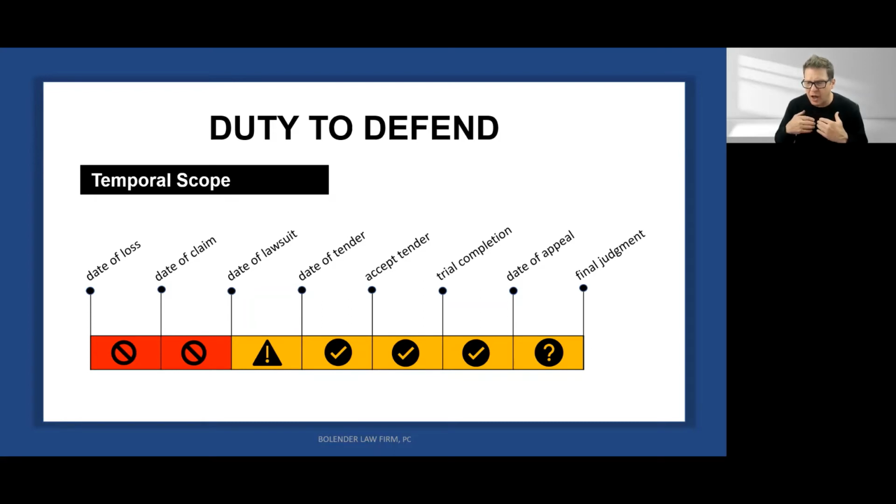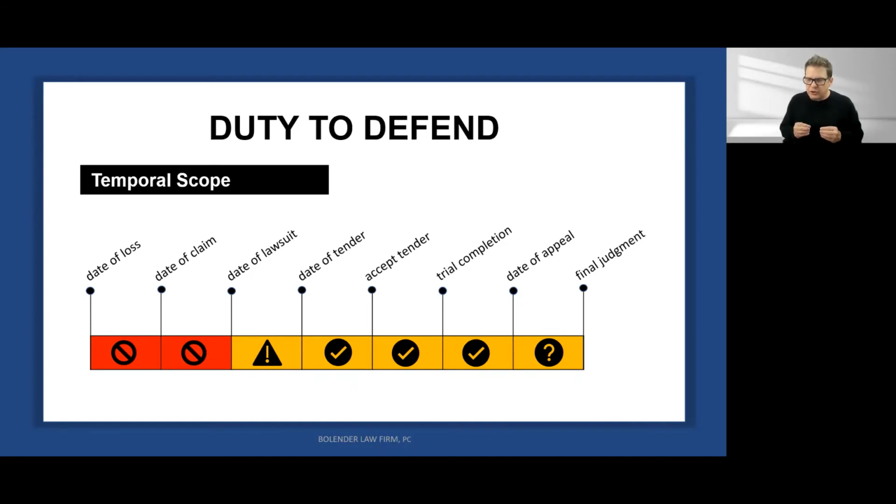Now, insurers cannot lawfully deny a defense and justify their failure to do so by later discovered evidence. So it's important to remember that the evaluation of the duty to defend is based upon the information available to the insurance company at or around the date of tender.